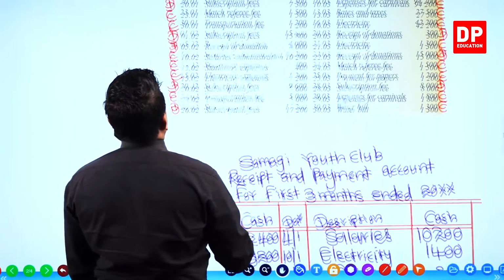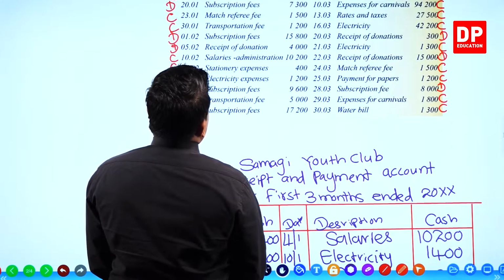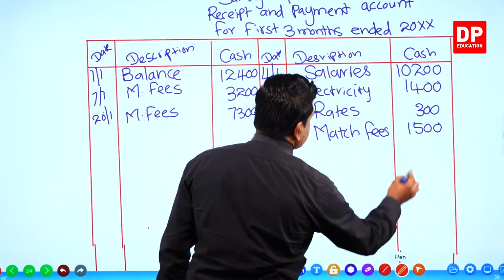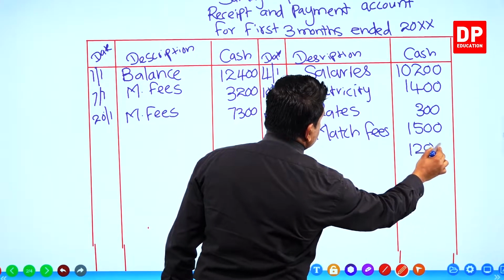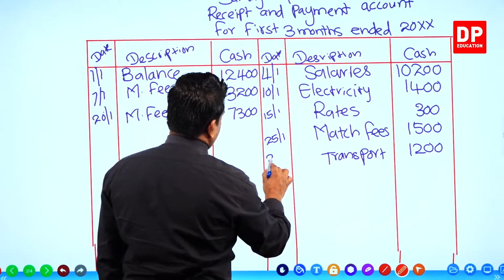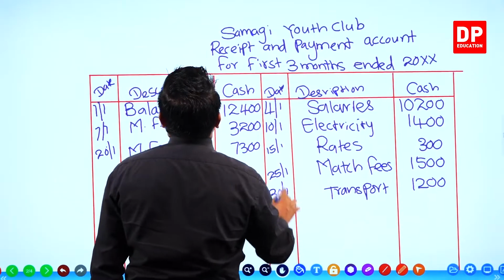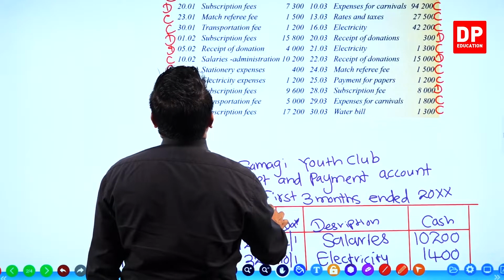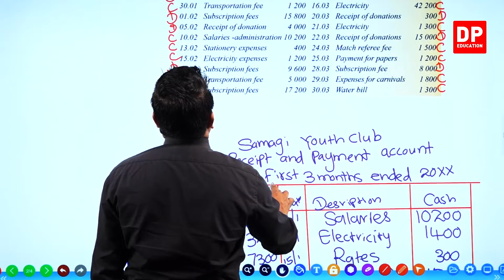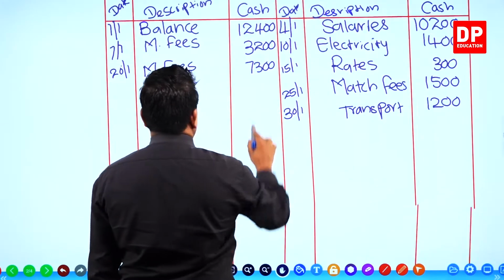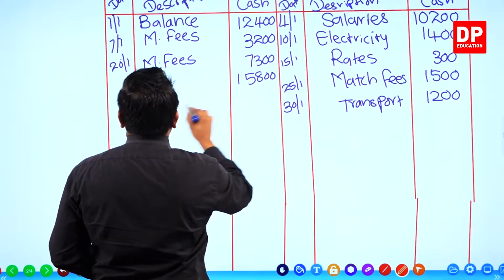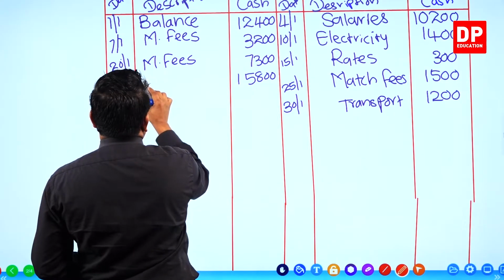Then next one, 130 transport, 1200. Next, membership fees 15,800. First of February, right? Membership fees.